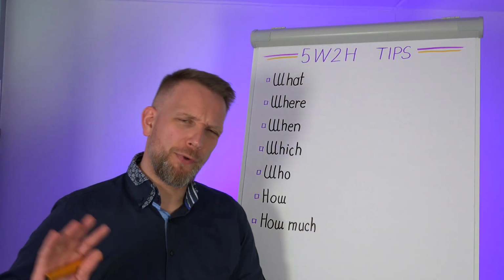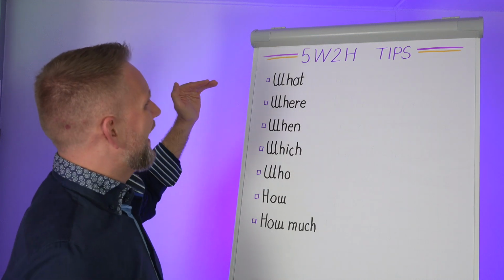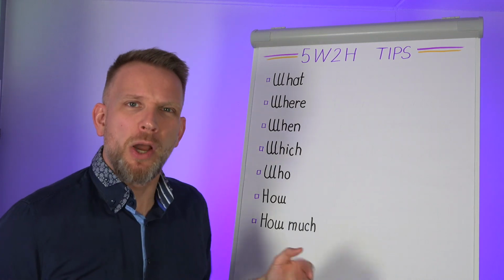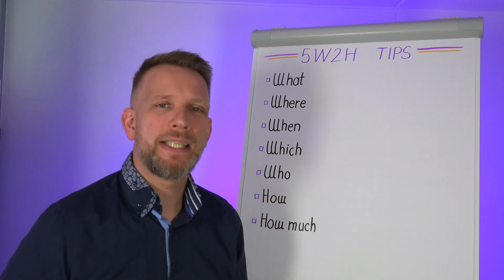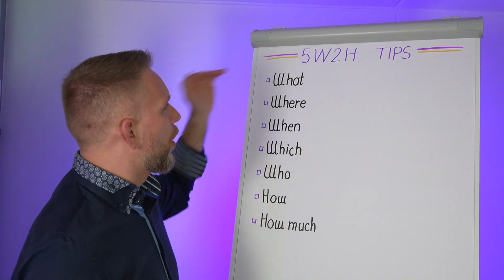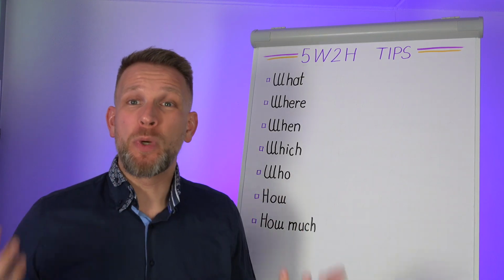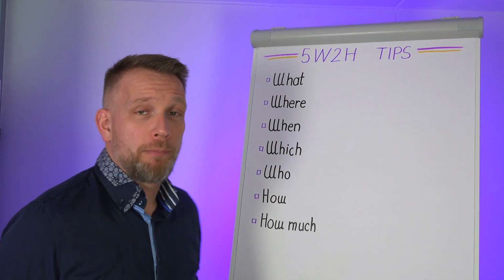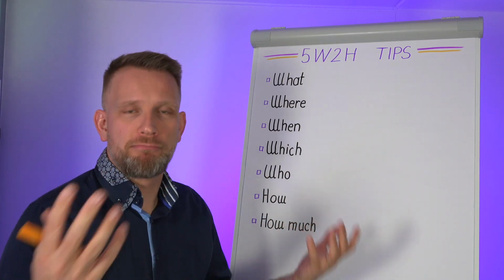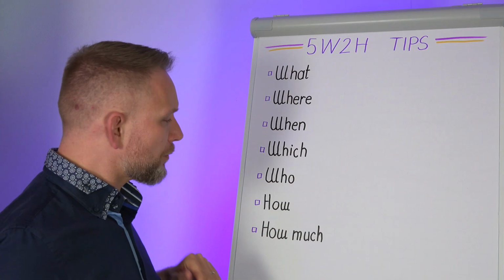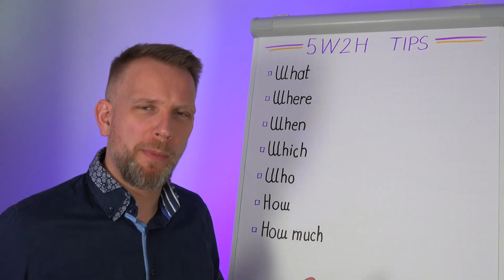So just to first go over those 5 W's and 2 H's, it's a description, right? We want to know multiple aspects of the problem. We really want to get into the details, and we want to know what happened, where did that happen, when did it happen, which products are affected, who was working the process, who is involved, so to say, how does it actually present itself, so what sort of problem.